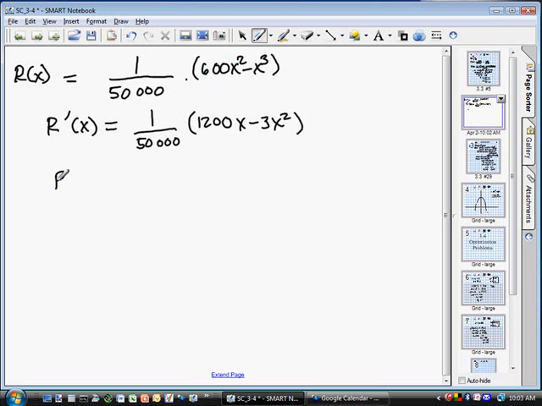What's R double prime of x? Okay, again, product rule. The first times the derivative of the second, plus the second times the derivative of the first, which doesn't exist again. And so the question is, when will this equal 0?